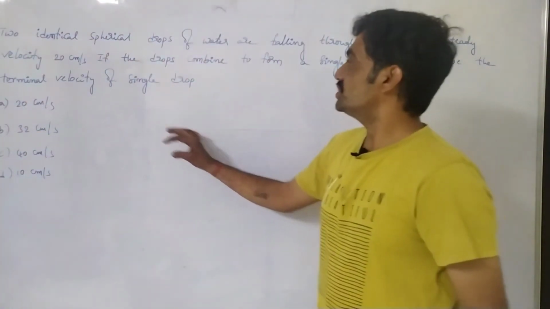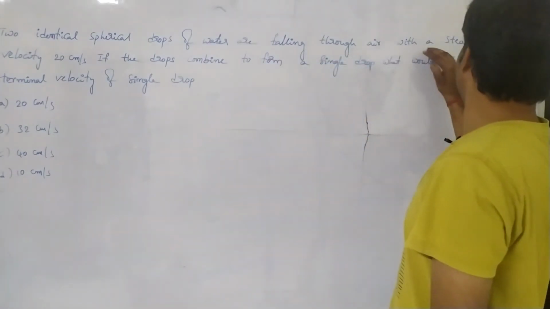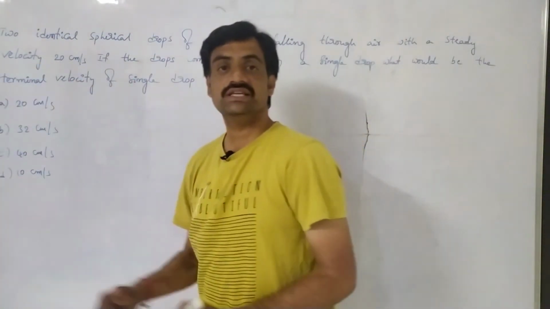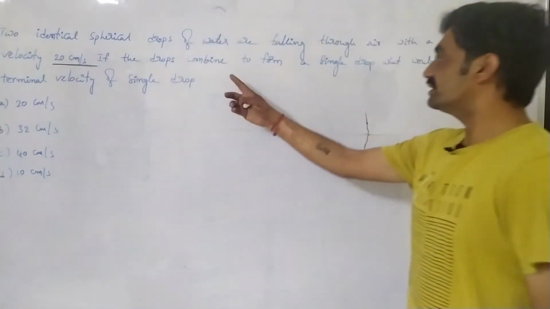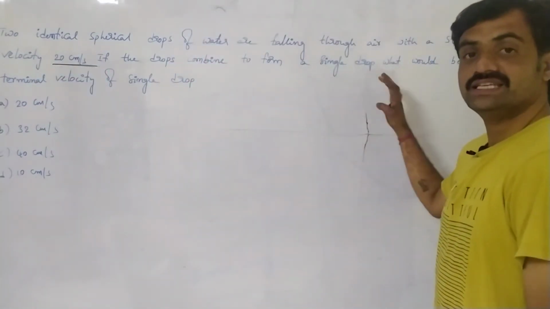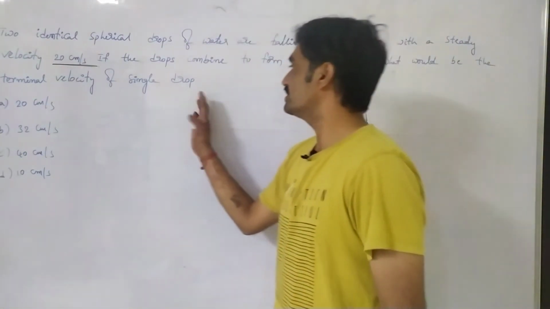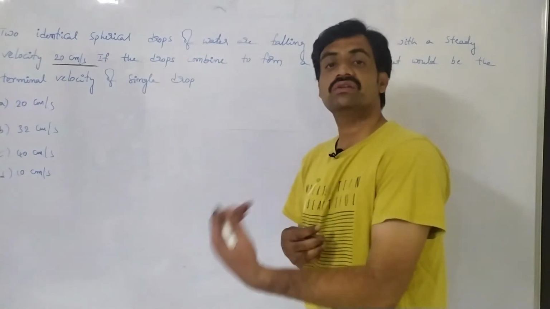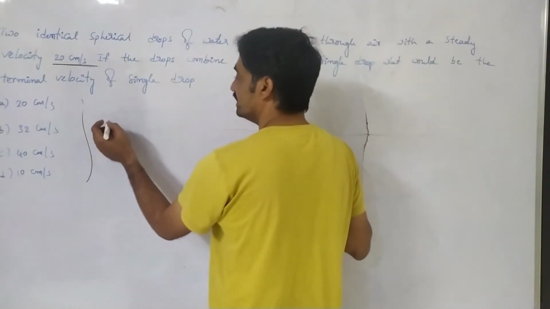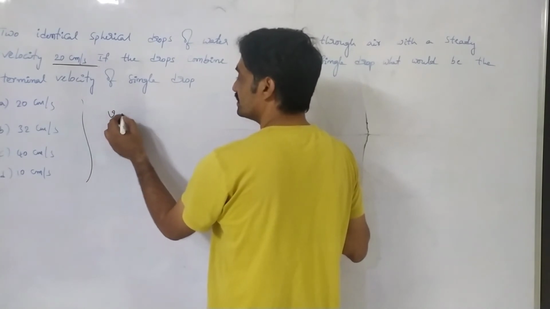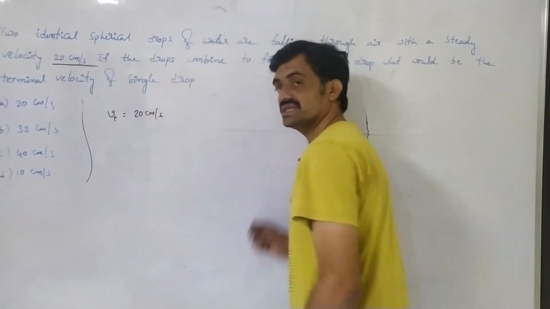Observe the next problem. Two identical spherical drops of water are falling through air with a steady velocity of 20 cm per second. If the drops combine to form a single drop, what would be the terminal velocity of the single drop? Here we have to represent the terminal velocity of the single drop, whereas here the initial terminal velocity of the two drops is represented as 20 cm per second.